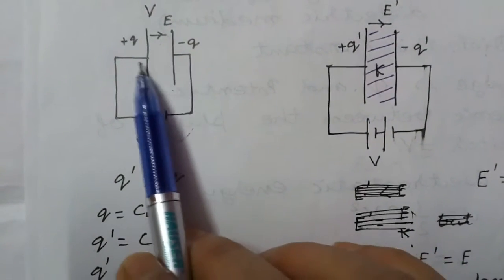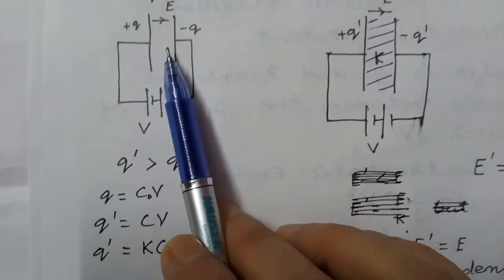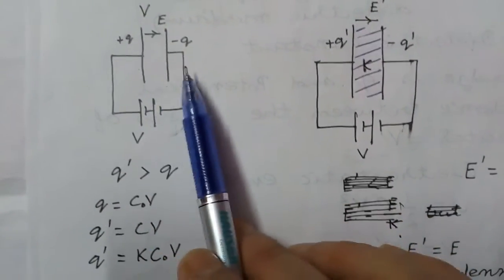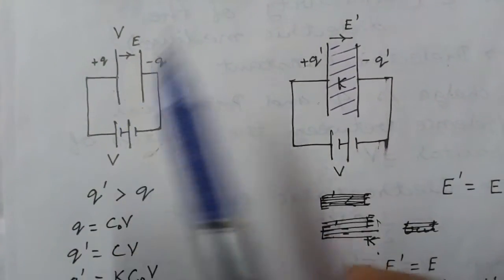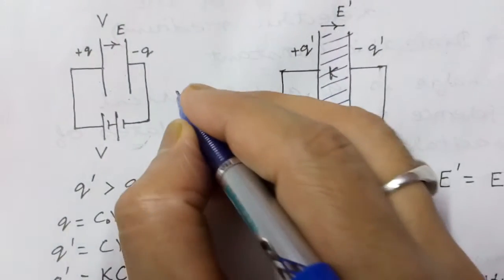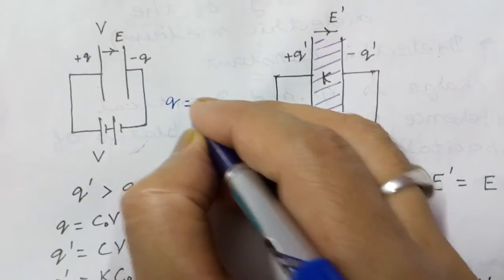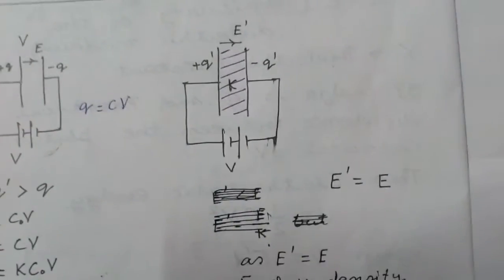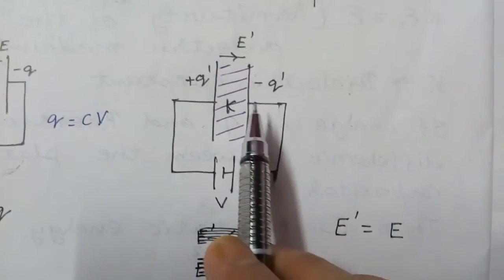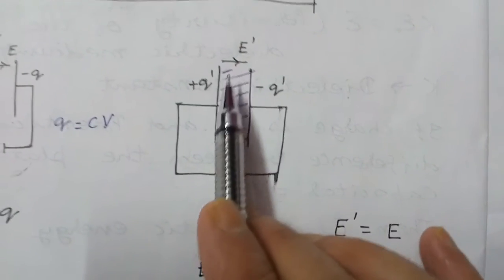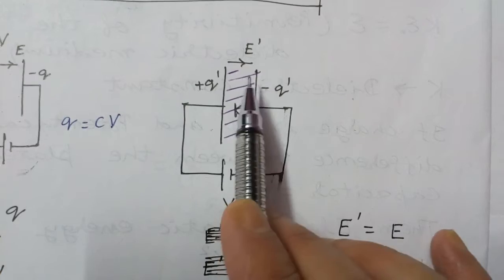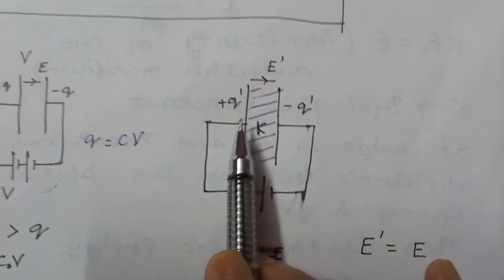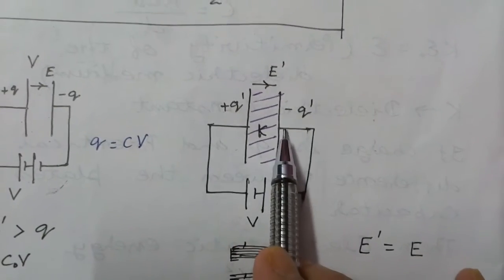Now look in this circuit diagram. This is an air filled capacitor. So Q is equal to CV for an air filled capacitor, when there is no dielectric. Now look in this diagram. Here the space between the plates is filled with dielectric, and the battery is same, so potential difference between the plates is V here also.